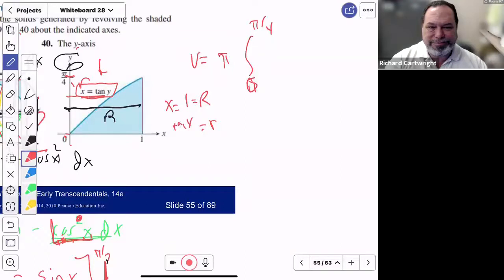Thank you, author, for doing that. Big R was 1 squared minus tangent of x squared. No, tangent of y squared.